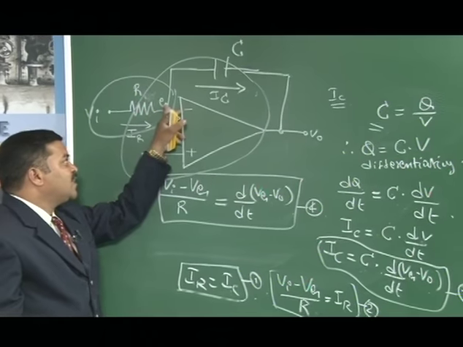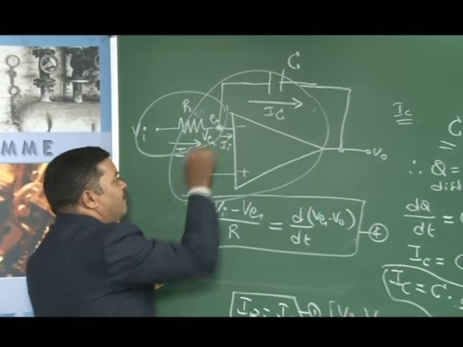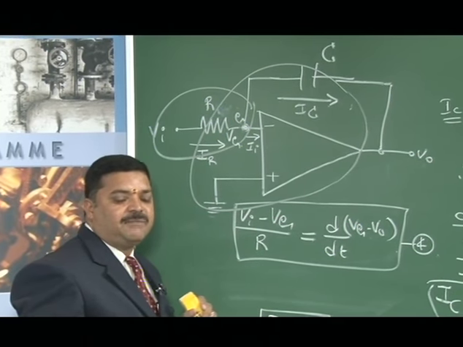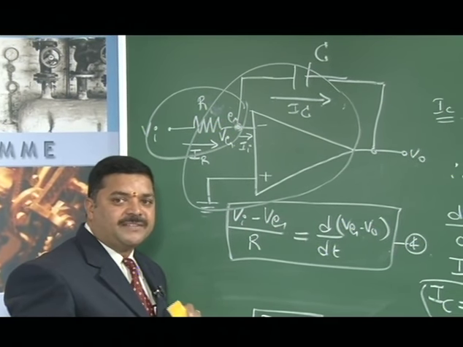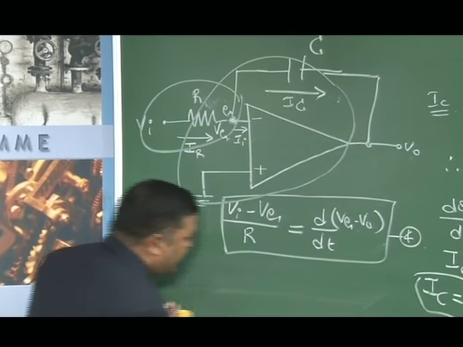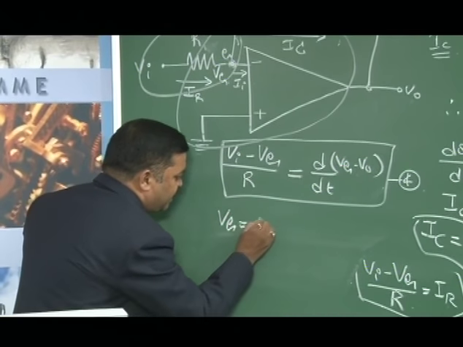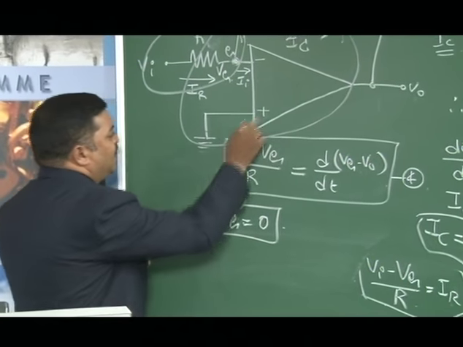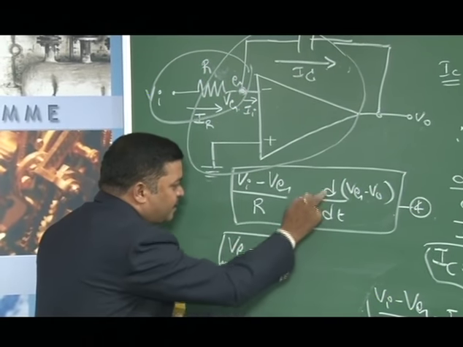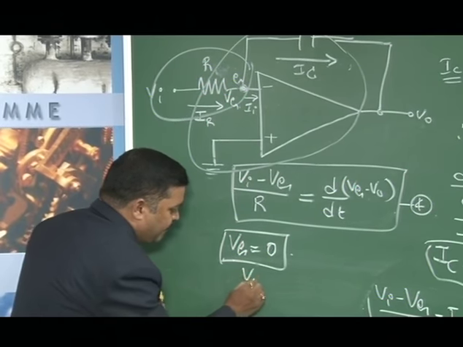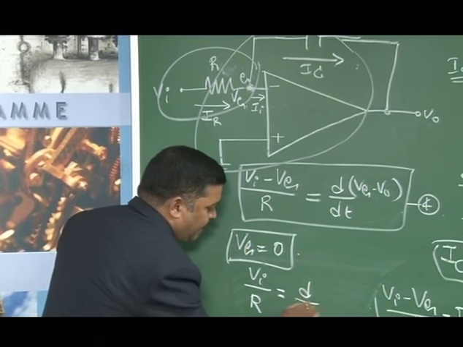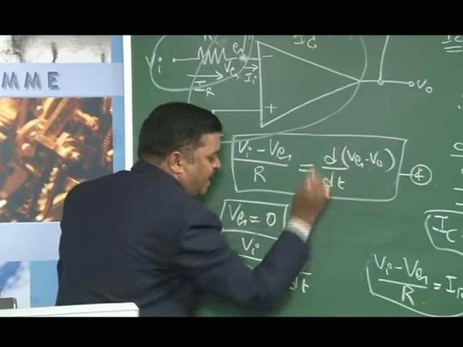Therefore, the voltage at node G, Vg, becomes 0 by the virtual ground concept, which, as I was telling you, exists only for the ideal op amp. Vg in this case is 0 because the non-inverting input terminal is held at ground potential. Substituting Vg equal to 0 in equation 4, we get Vi divided by R is equal to d by dt of minus V naught.